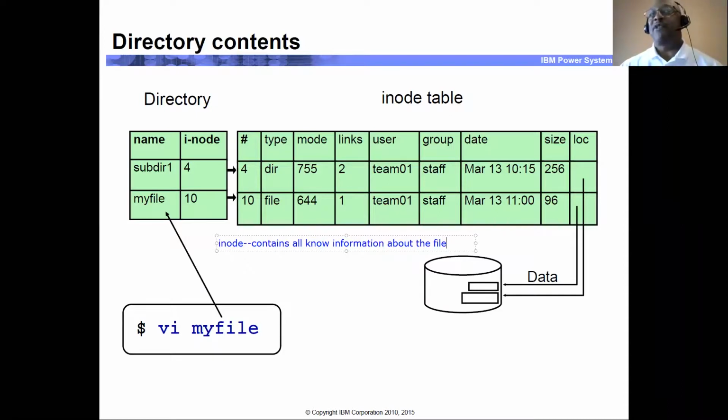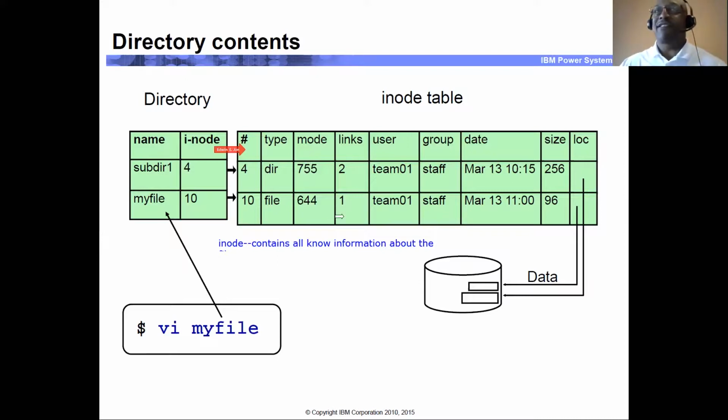So all known information about the file is stored in the inode. We'll start with the inode number, the type of file, the permission bits, what they call here the mode, whether we have read, write, execute against a particular file or directory, and the number of links established to that particular file. By default, directories will have 2 links, and ordinary files will have 1 link.